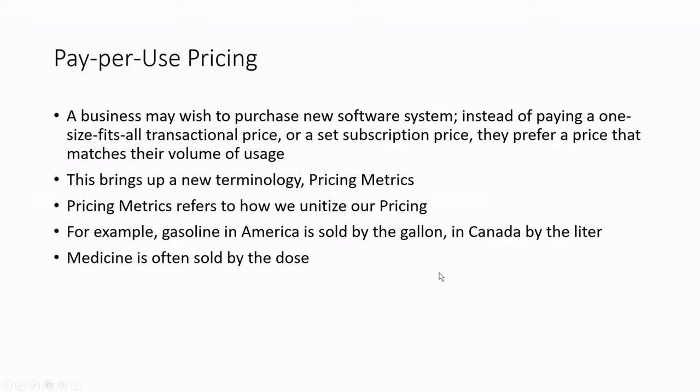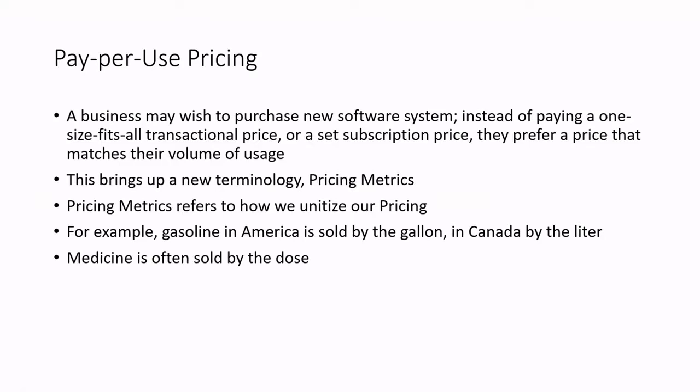Interestingly enough, medicine is often sold by the dose. So instead of being charged a certain amount of dollars per milligram of medicine, we're charged by whatever the dose is. And so if we're told to take 3 doses of medicine per day, we don't have to try and figure out how many milligrams that is, and then what the price per milligram is, and then what the daily cost of the medicine is to us.